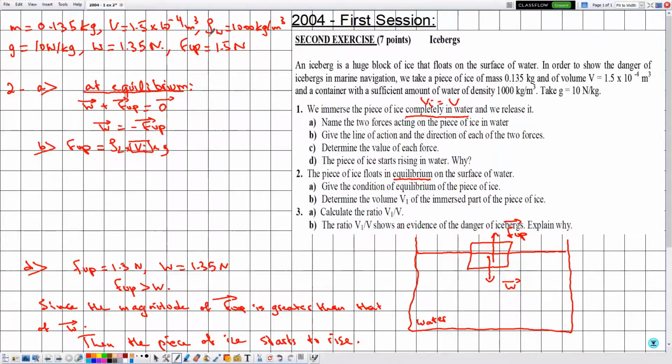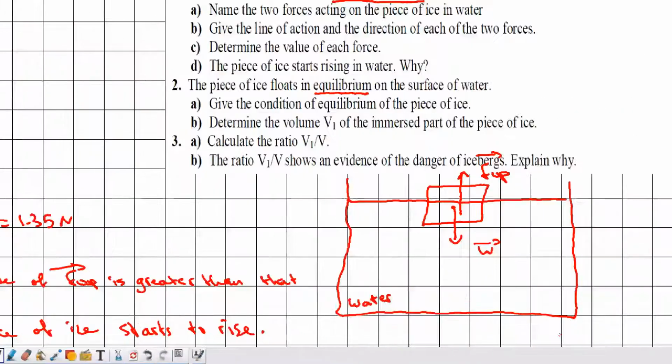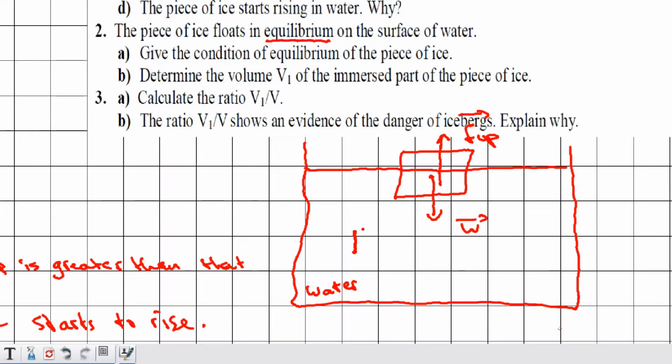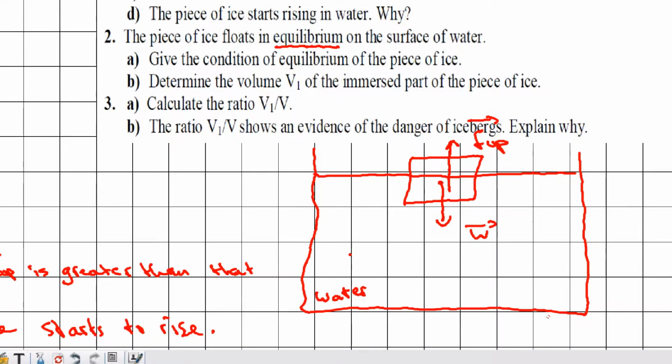Okay, here we cannot say that F upthrust is given by 1.5 newtons because previously the piece of ice was completely immersed in the liquid. Now in this case, the piece of ice is floating at the surface of the liquid. So when it was completely immersed in the liquid, this is the volume of the immersed part.